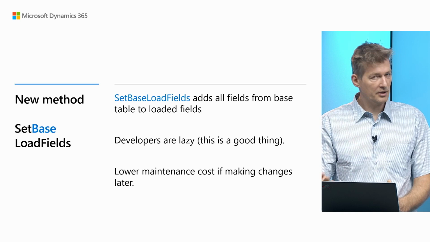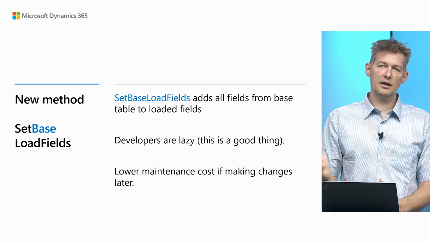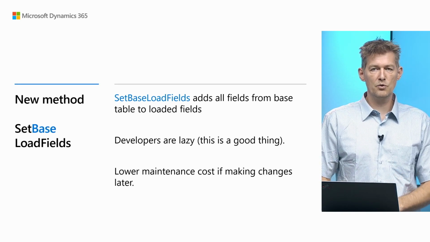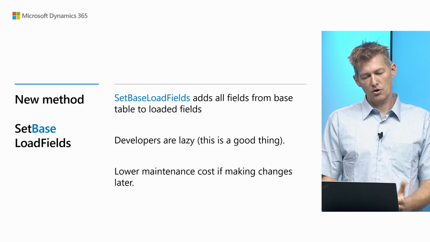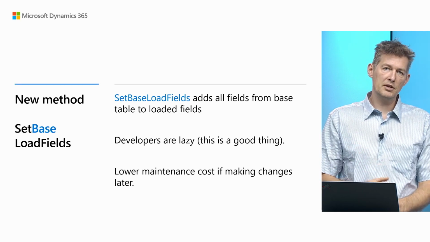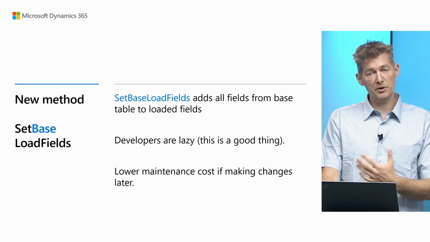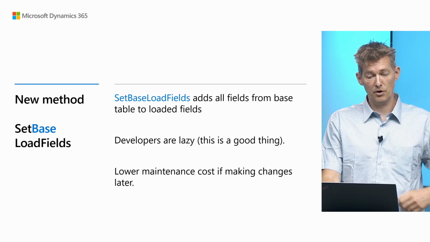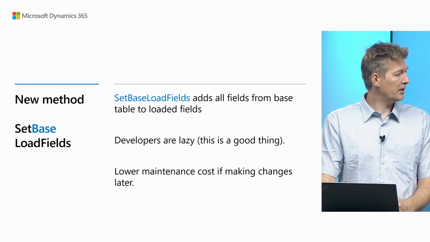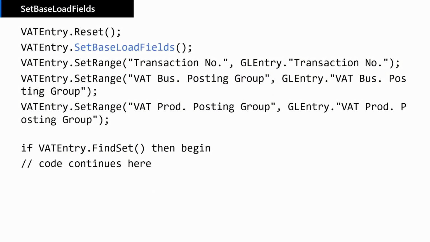That's what we want. You to write as much code with as few statements as possible. So maybe this new method will be for you as well, to lower your maintenance cost on your code and still make it faster.